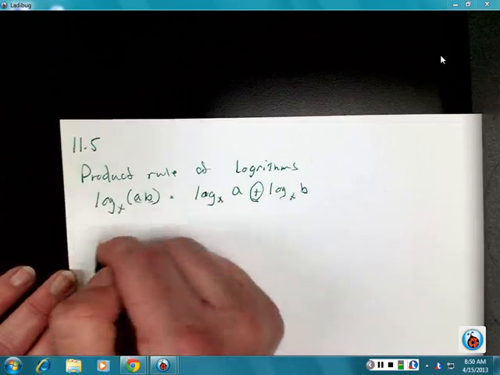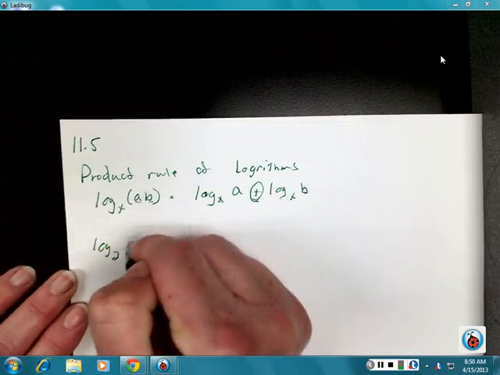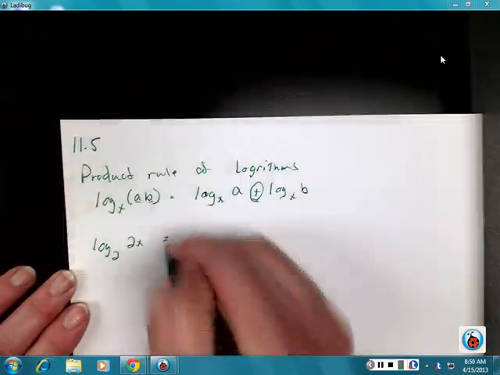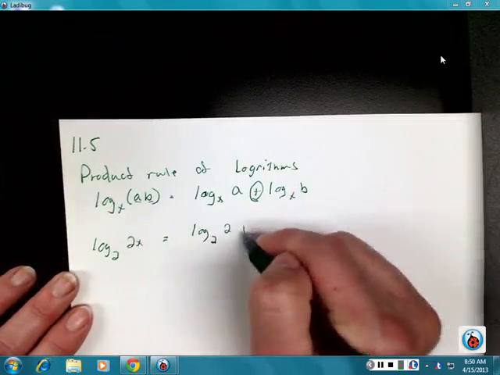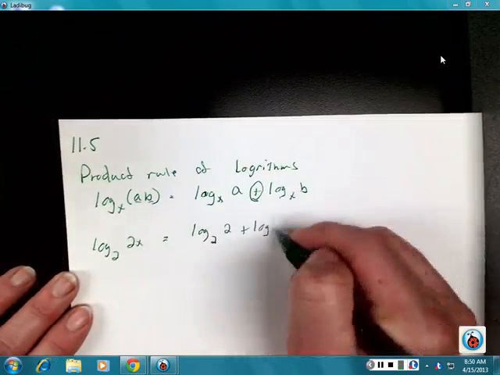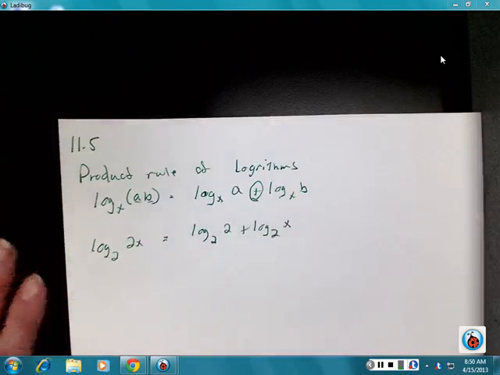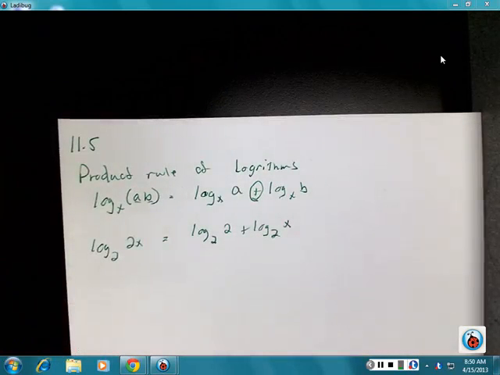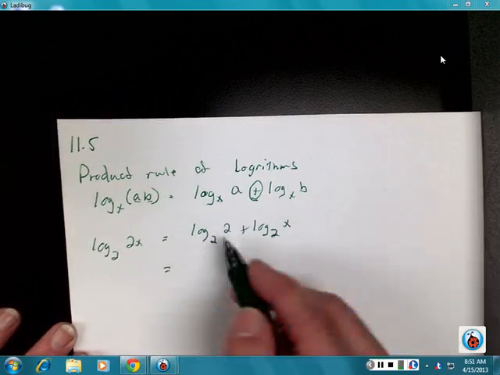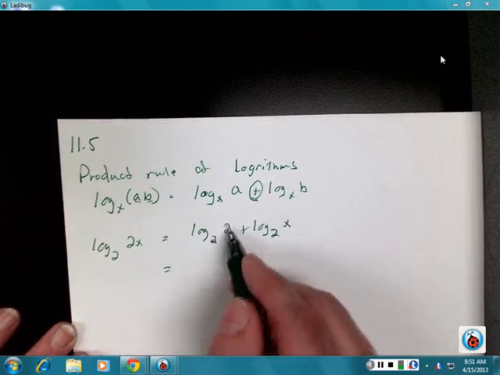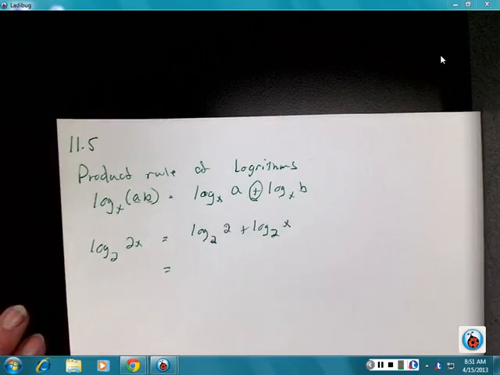So an example might be log base 2 of 2x, which would be equal to log base 2 of 2 plus log base 2 of x, because I would stretch it out and end up with two pieces of stuff taking place there. This one could be broken down even further, because the rules from 11.4 said that if this and this match, what was it equal to? 1.